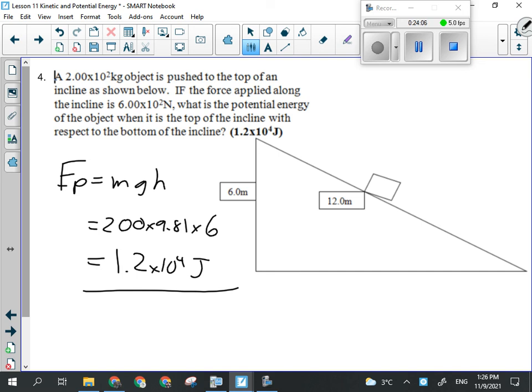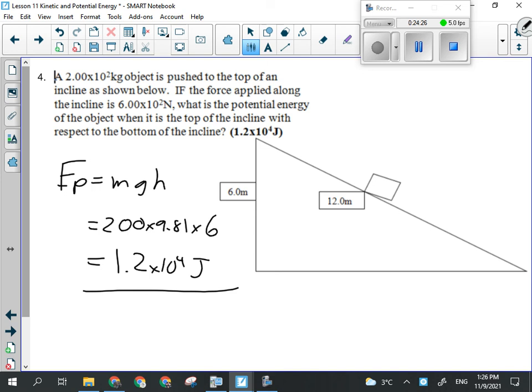Now, with a ramp, the inclined plane is like the simplest machine. And we call it a machine anyway because it makes work easier. Does it make less work? It does not.